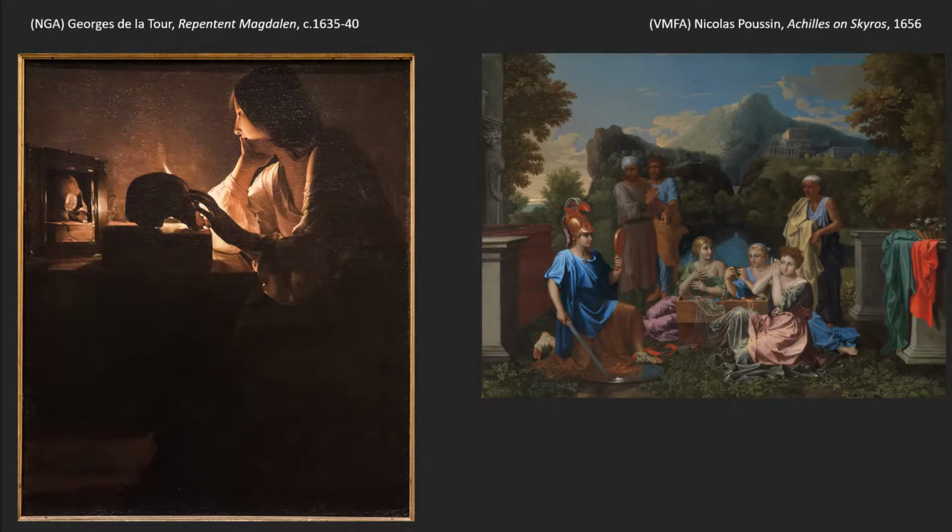a composition without any real high drama. Almost all of the composition is horizontals and verticals, no dramatic diagonals, no theatrical lighting. It's very restrained by comparison.